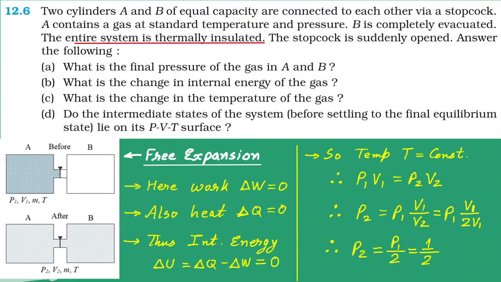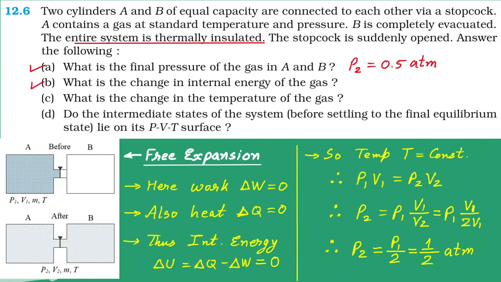So it is 1 by 2 atmosphere. Now let us check the questions one by one. The first question was, what is the final pressure? The answer is, final pressure P2 is 1 by 2 or say 0.5 atmosphere. That is the first answer.